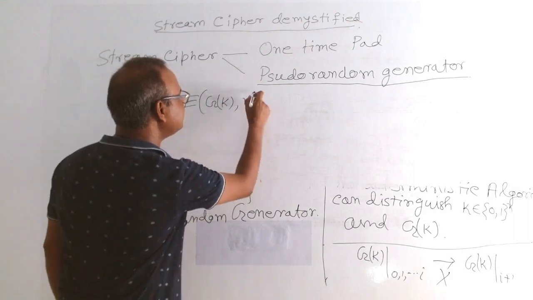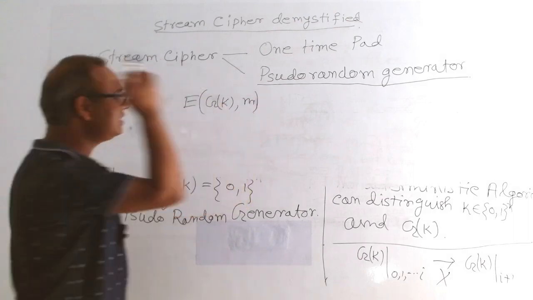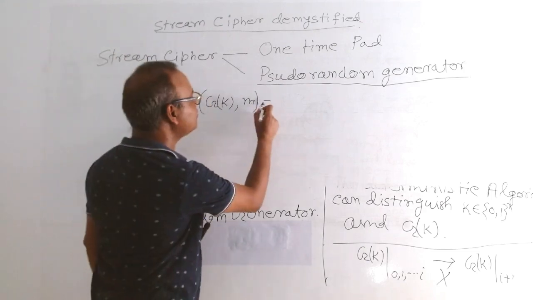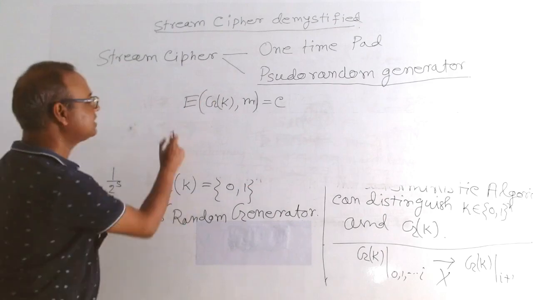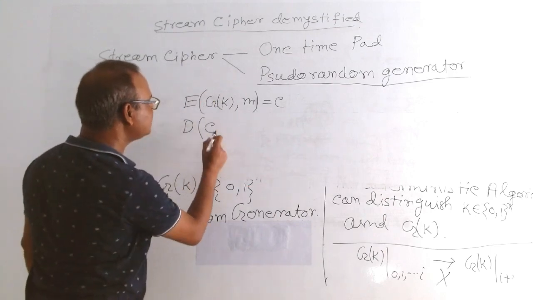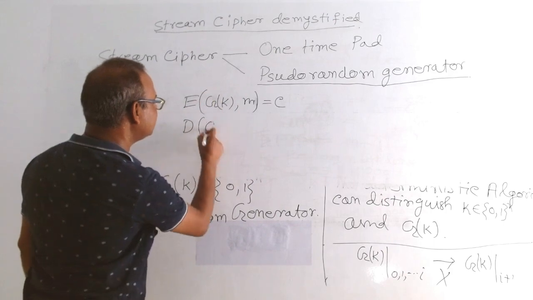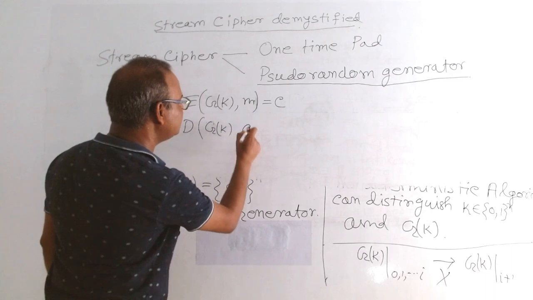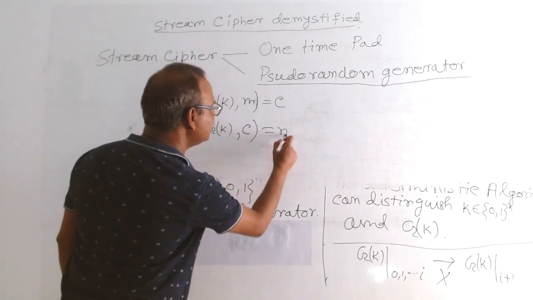Now Gk is n bit long, though k is only s bit, but Gk is n bit long, and we will get a ciphertext. Decryption algorithm will work like ciphertext, Gk, same pseudo random key with the ciphertext, and we will get the same message.